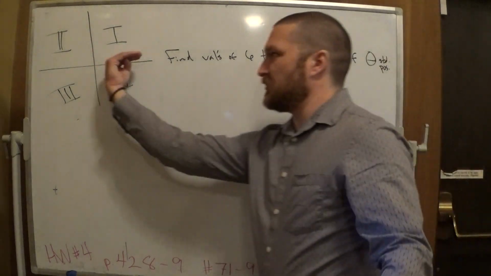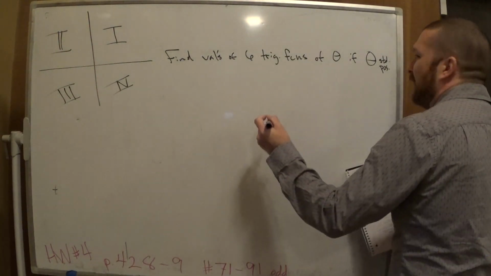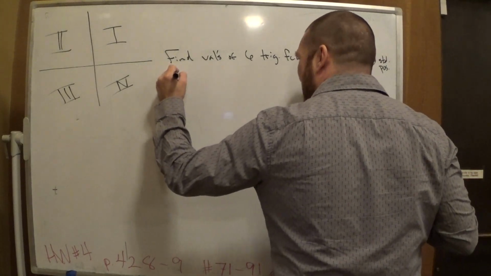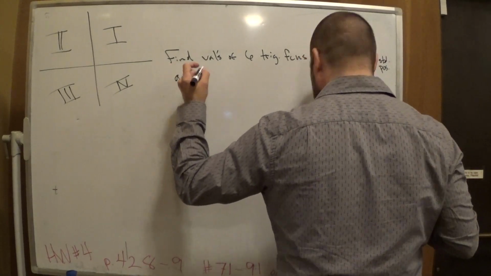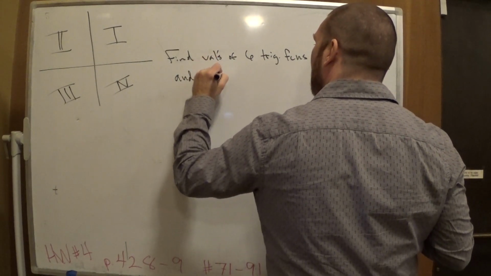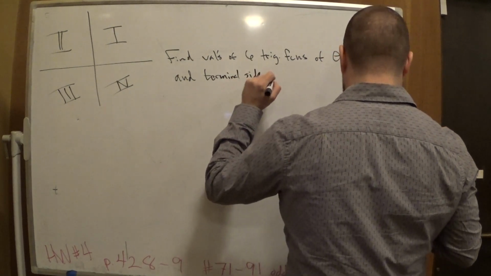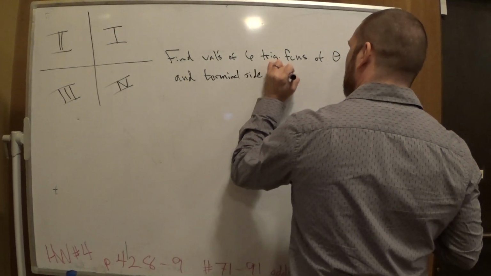Okay, so again, we're measuring from here. And this is some of my favorite stuff. At least in this section, this is probably my favorite type of question. And the terminal side is specified.